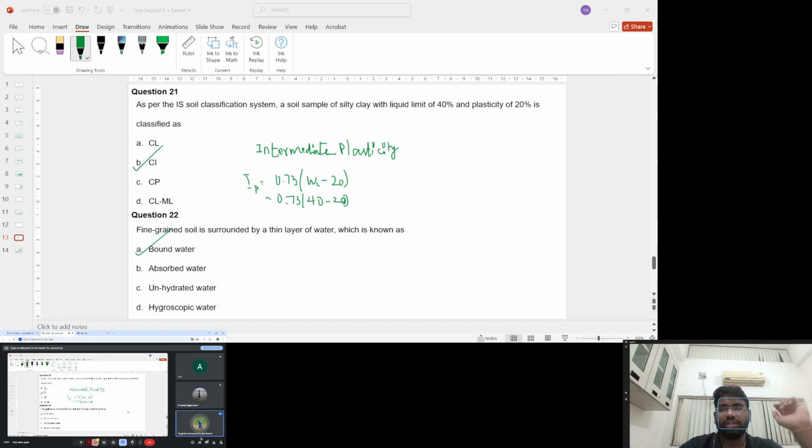You cannot neglect that. That is dependent on atmospheric factors, humidity conditions and several other factors. But bound water is purely the electrostatic force of attraction acting between the soil grains and water.